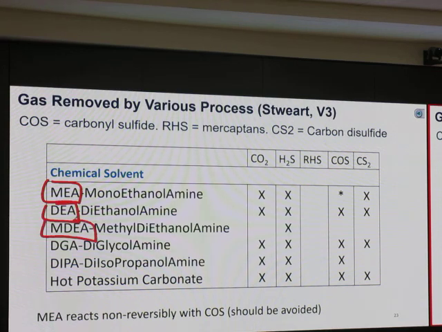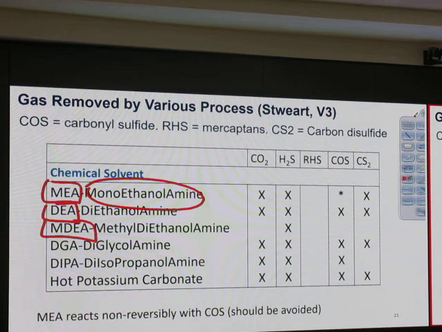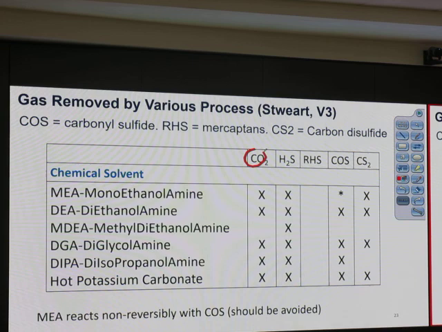MEA, M is for mono, E is ethanol, A is amine, but this is actually the whole word: monoethanolamine, diethanolamine, and methyl diethanolamine. Okay, so the use is to remove CO2 and H2S, not as a reactant. It removes carbon dioxide, hydrogen sulfide, and other acid gas.